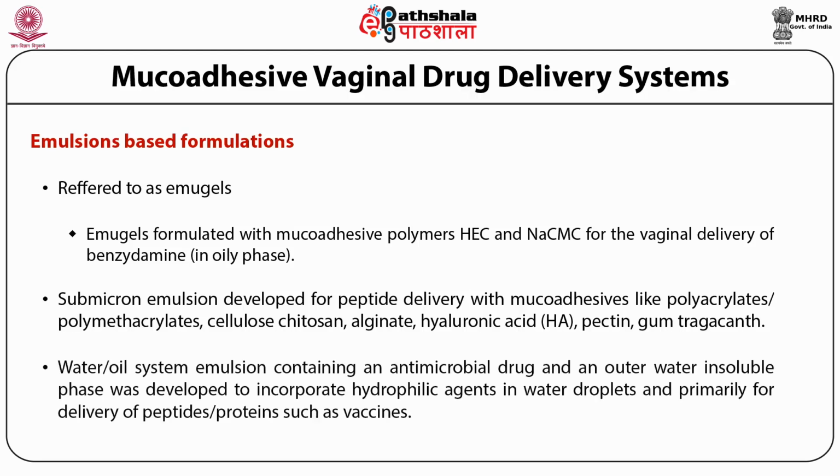Water-in-oil emulsions containing an antimicrobial drug and an outer water insoluble phase were developed to incorporate hydrophilic agents in water droplets, primarily for delivery of peptides and proteins such as vaccines.